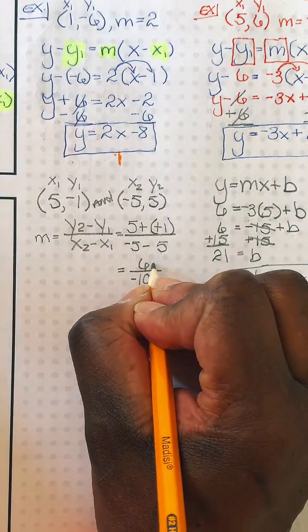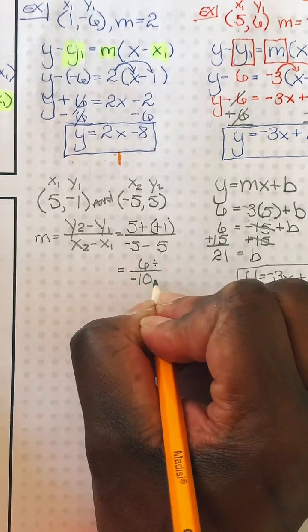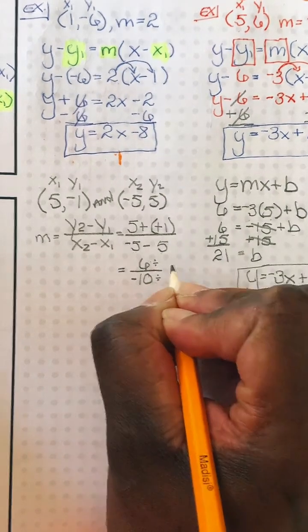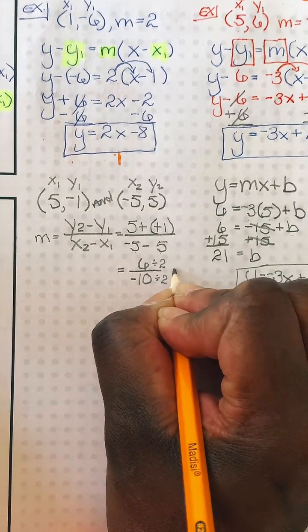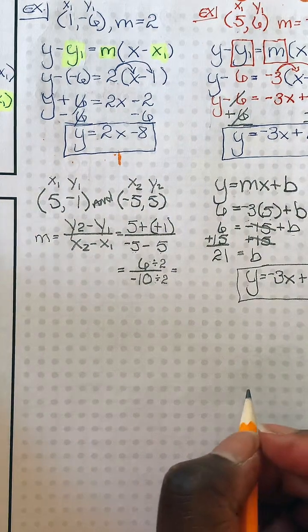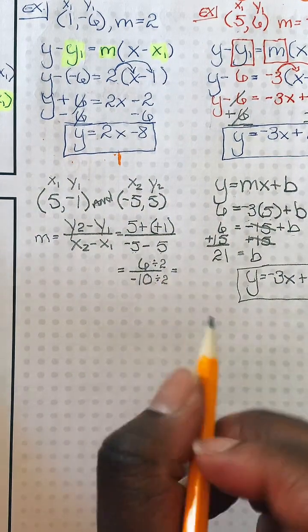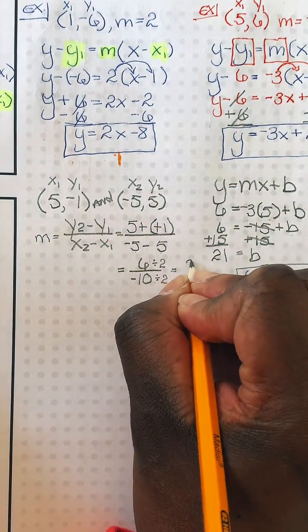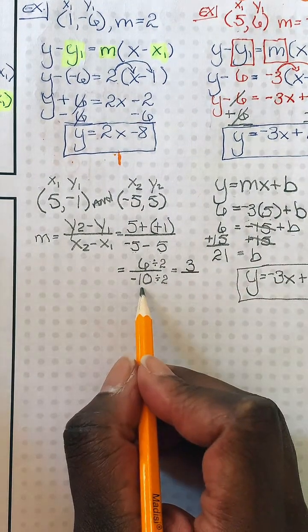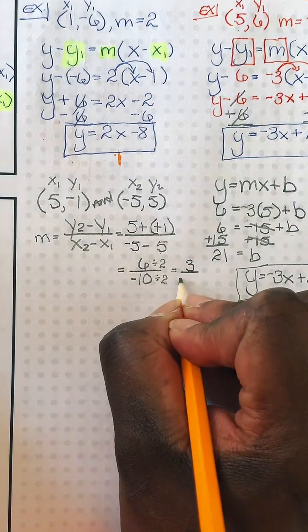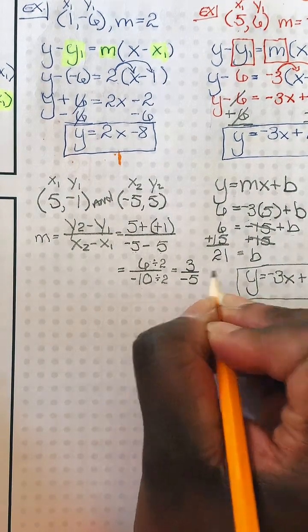Okay, so they're both even and they're multiples of 2. So you're basically dividing it by 2. All right, so 6 divided by 2, that gives me 3. And negative 10 divided by 2 gives me the negative 5.